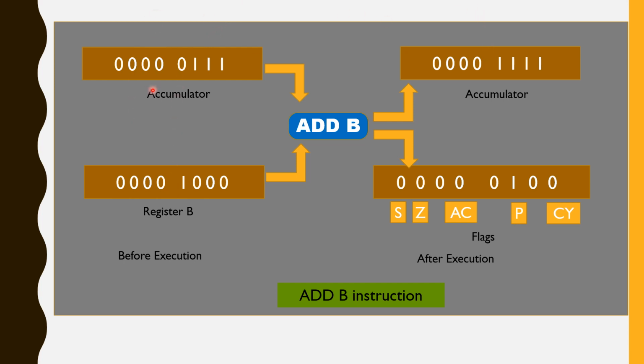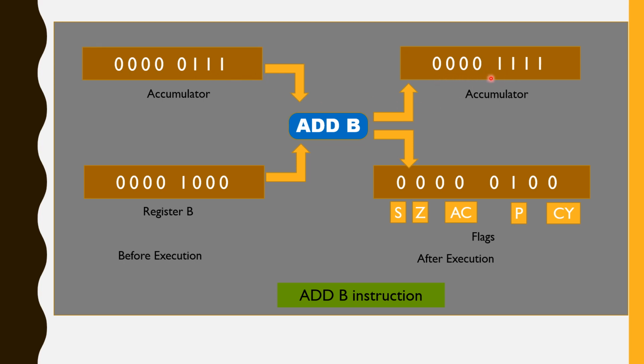And the remaining are all 0, so 0 plus 0 is 0, and all zeros are there. So in this operation, I have taken the ADD B operation. The ADD B operation is done between register B and the accumulator, and the result is saved back to the accumulator. So whatever previous data the accumulator had will be erased and the new result will be placed into the accumulator.